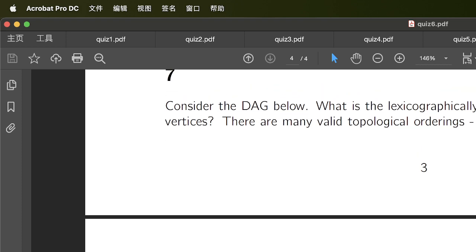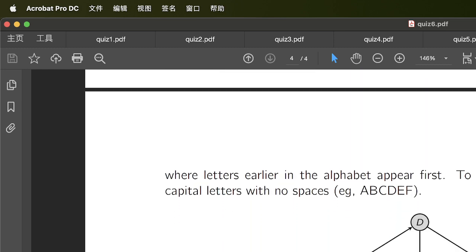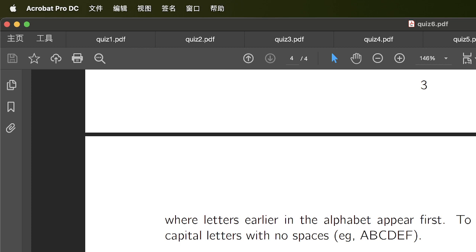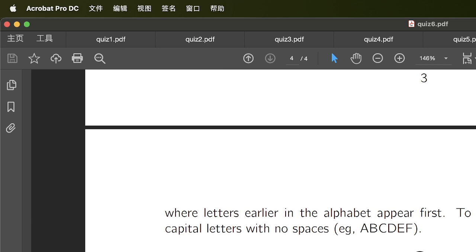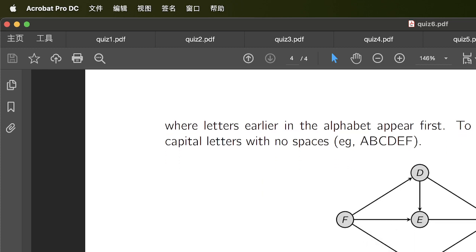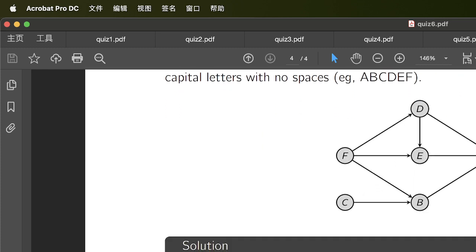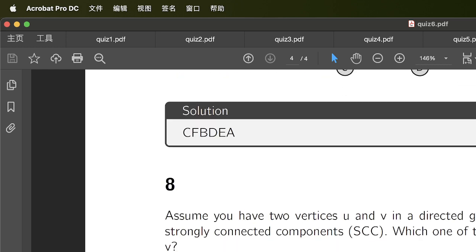There should also be many solutions. So here's one of them. We start first, and go to F, and to B, and if there's a tie with E and D, we go D, and then we go E, and A, right? Try to see if there's any other solution.